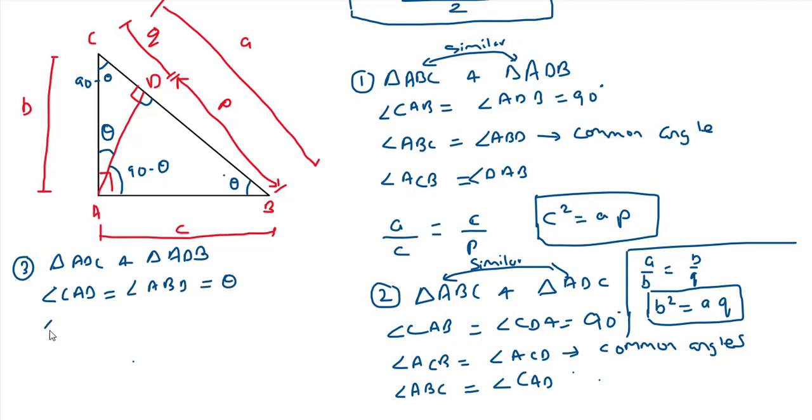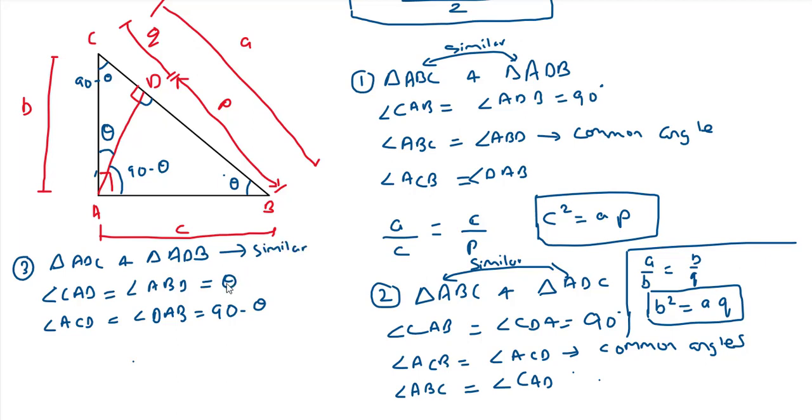Similarly, angle ACD will be equal to angle DAB, and both are equal to 90 minus theta. And finally, angle CDA is the same as angle ADB, since both are equal to 90 degrees. Hence, all three angles are equal. We can say that these two triangles are also similar to each other.